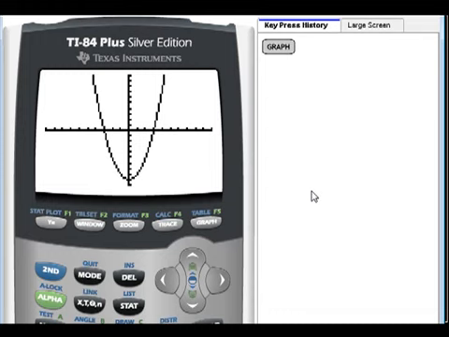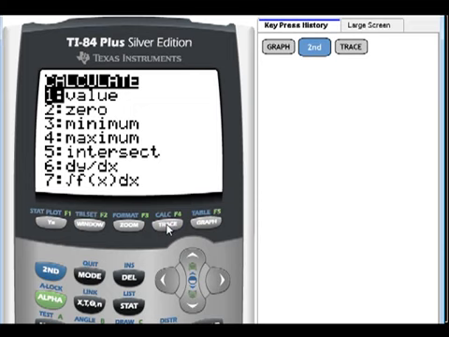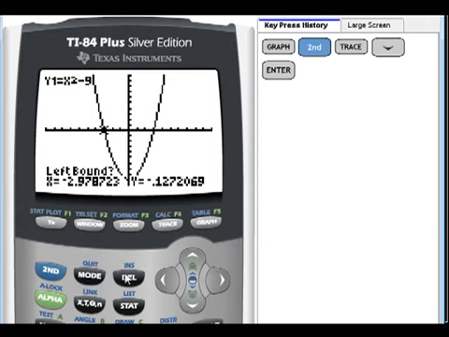Let's find the x-intercepts first. So what you'll do is you'll press second and calc. Calc is in blue, so that's why I pressed the second key. We're going to go down to zero, and the first thing it says is left bound. What that means is you want your cursor here to be to the left side of this intercept.